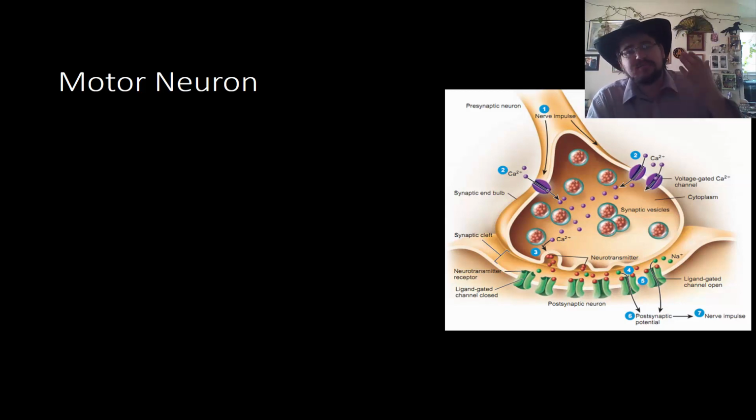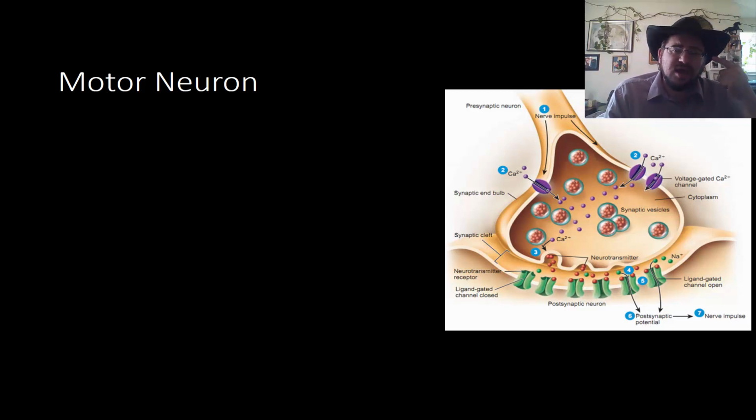Next up is motor neurons. Motor neurons are basically how we control muscle contraction. Remember, this is under voluntary control, which means your brain is in control, your conscious brain. The involuntary stuff is often controlled or at least influenced by your brain as well.